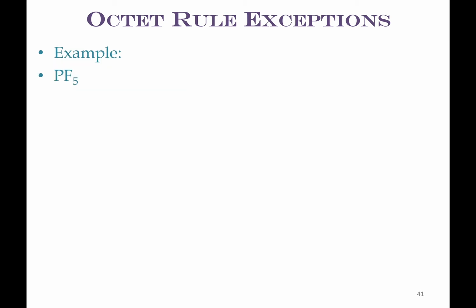So for example, PF5: 5 valence electrons for phosphorus, each fluorine has 7, 7 times 5 is 35, which gives us a total of 40 electrons. Now, I like to do this still, so that we're going to use all of these electrons to form bonds. So we have phosphorus and we have fluorine like this, and we have our one lone electron. I have 5 of these, right?